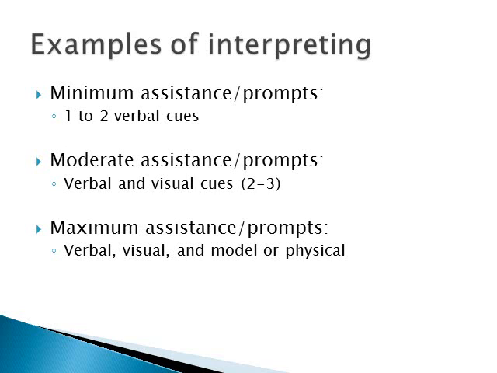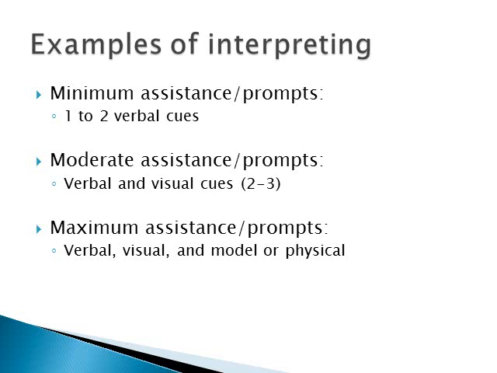Do I have to give them a prompt that provides the least support, or do I have to give them a prompt that provides the most support? So this is kind of a rule of thumb you can use for interpreting level of support or prompts.